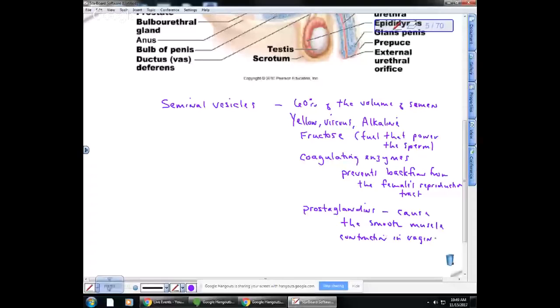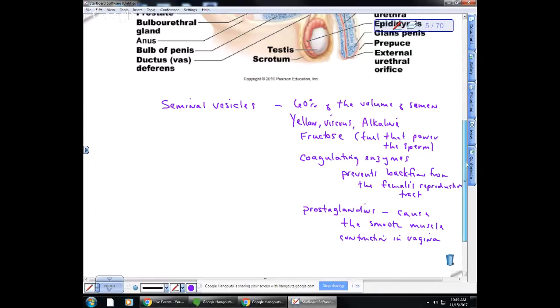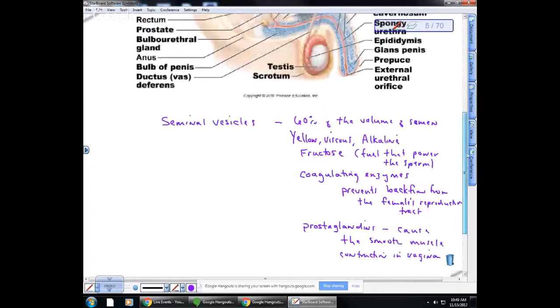And this helps to transport the sperm. The vagina will contract, and it'll help to retain sperm and actually help move them further up so that they don't flow back out. Okay, so those are the seminal vesicles, and they look kind of glandular when we look at them.